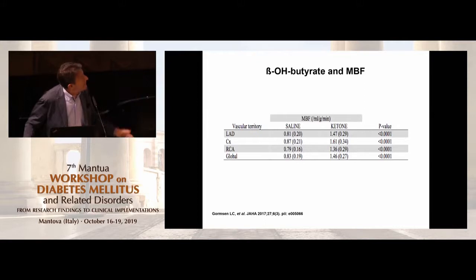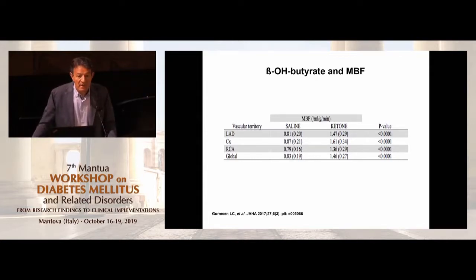But what they saw was, first of all, the myocardial blood flow was increased upon infusing ketones, both as a whole and in the left anterior, the circumflex, and the right coronary artery. So this goes back to what we heard from Angelo this morning, that one main function of the heart is to increase perfusion in response to an increased demand, and that's called coronary reserve.